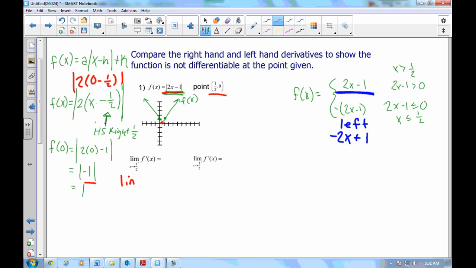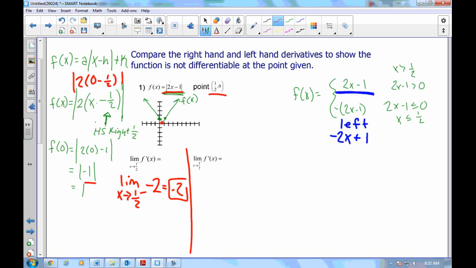The limit as x approaches 1/2 from the left, what's f prime of x? Take the derivative of that guy in blue. -2. What would that equal? Oh, it's just -2.